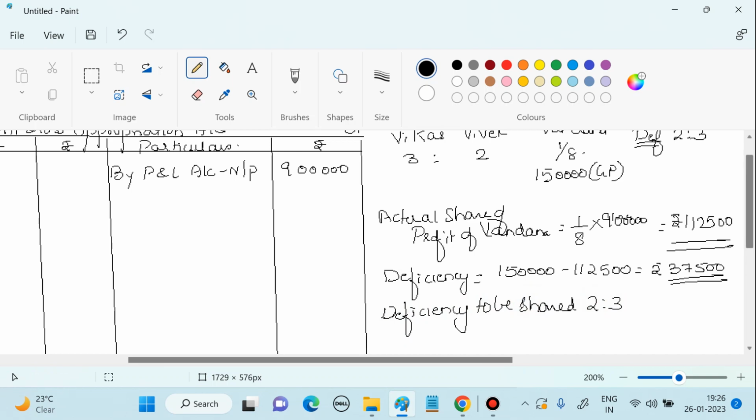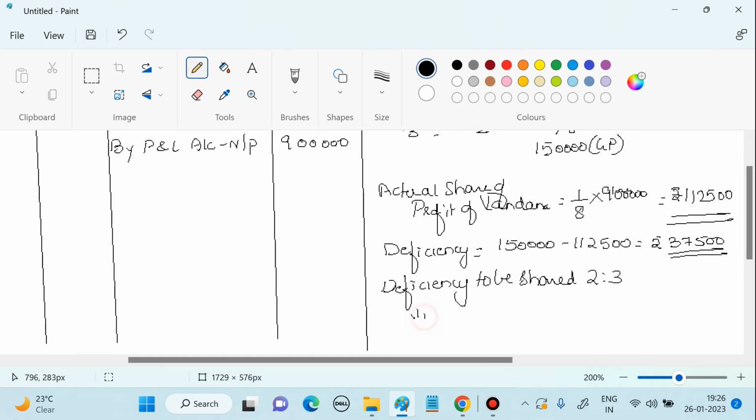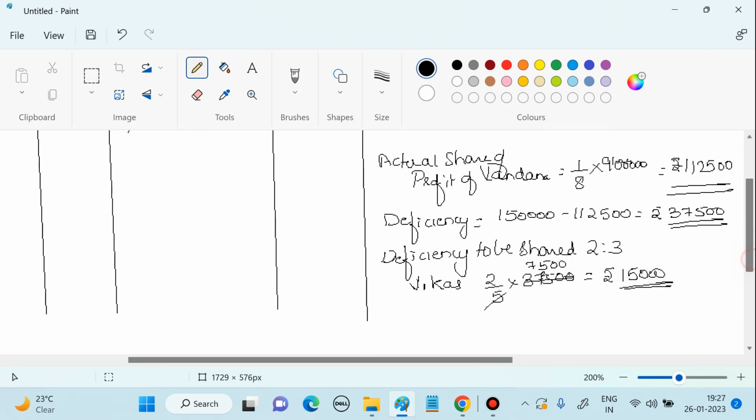So deficiency to be shared in what ratio? 2:3. So how much would Vikas give? 2/5 of the deficiency, 37,500. That would come to 15,000 of the deficiency taken out from Vikas' share.